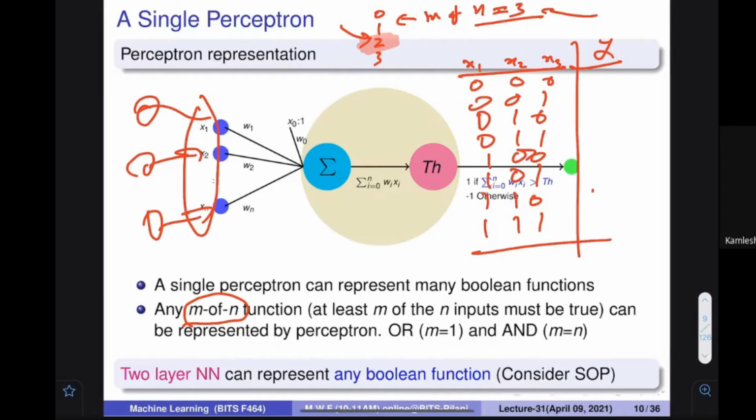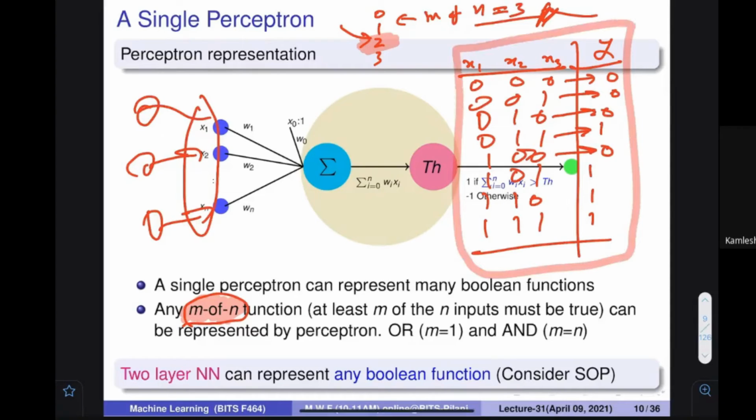So you can see it is 1 in these places, and 0 in the others. This is a 2 out of 3 function. Any problem in that? When I say m of n, it means m or more. So if I represent this kind of function, I can always represent it using a single perceptron.